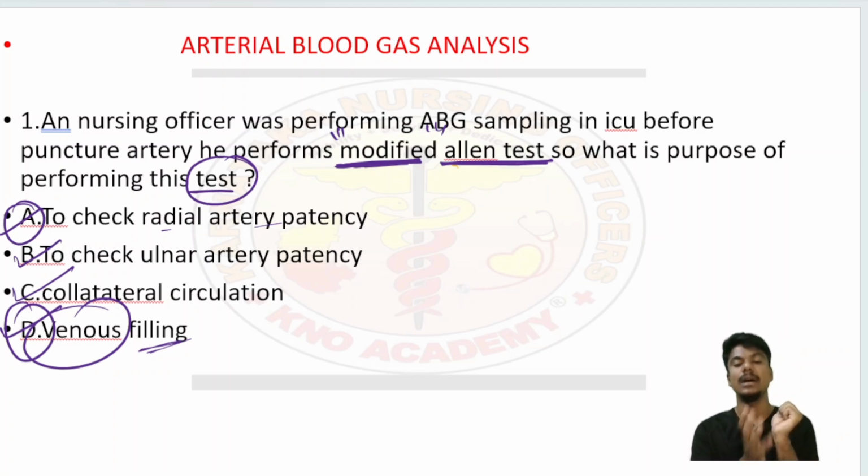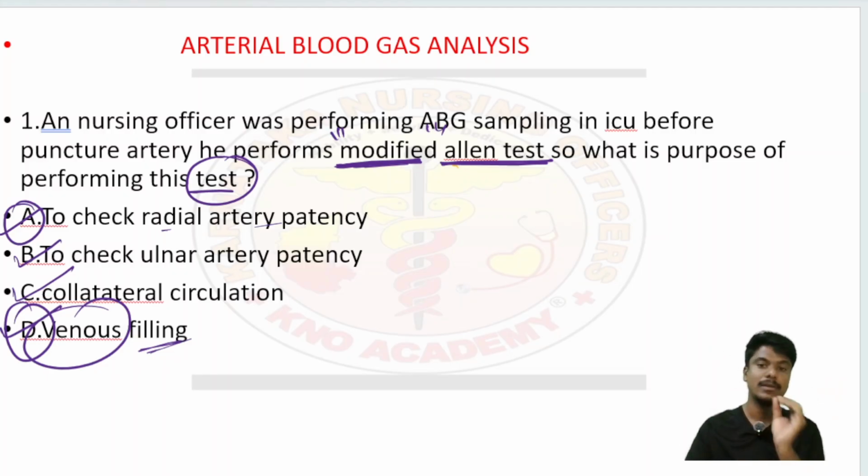After the hand turns pale, I release the compression and tell the patient to open the fist. After opening the fist, if you see redness or pinkishness, that indicates a positive Allen test. This is done to check the collateral circulation, meaning radial artery patency and ulnar artery patency.